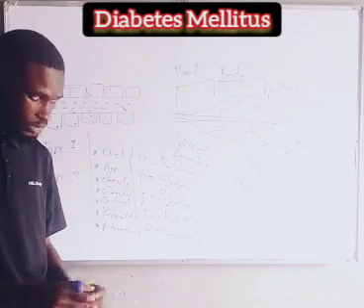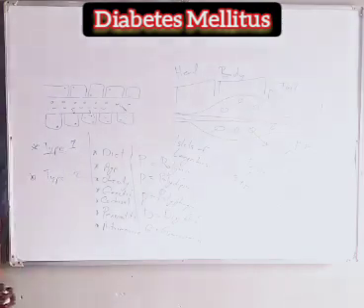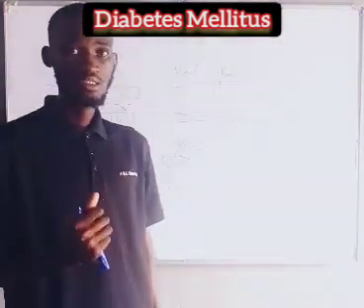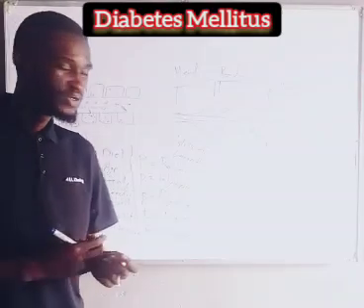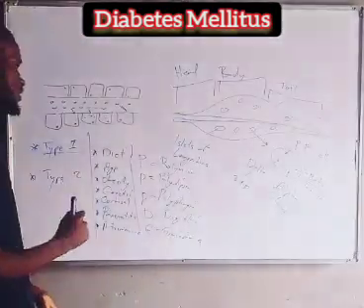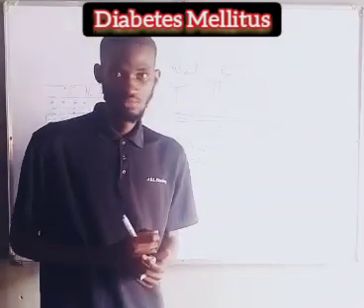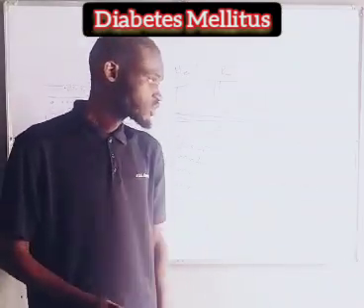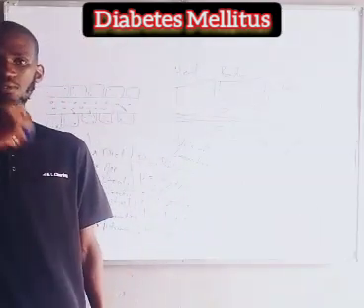Then the other key thing that we have to know on the management is that each type of diabetes has its own management. In type 1 diabetes, due to the fact that the pancreas cannot produce insulin, it is highly recommended that we treat it using insulin. We have to administer insulin.